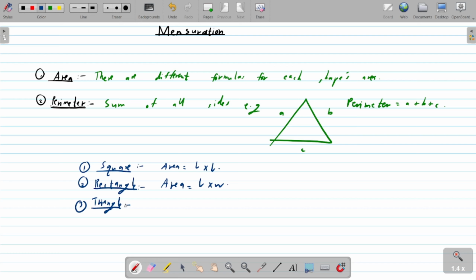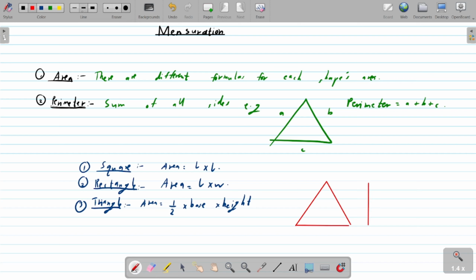Third, you have, let's say, a triangle. For a triangle, the area's formula is half into base into height. Now what's the base and what's the height? We're going to go by this step by step. Let's say we have a triangle here. Now this is going to be your base.